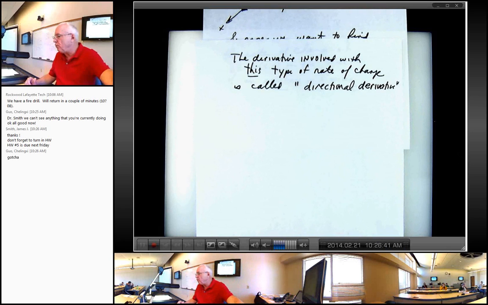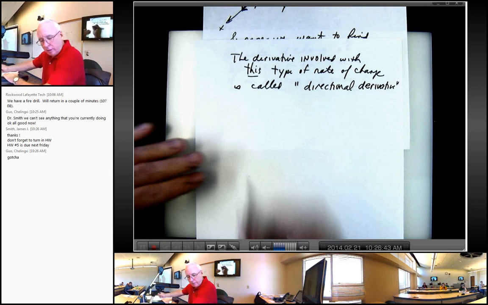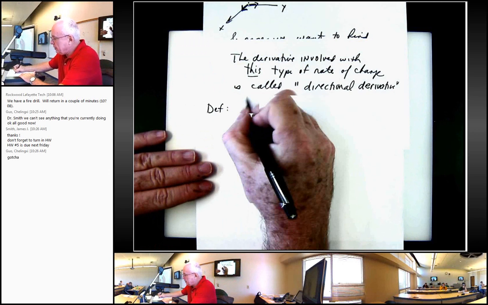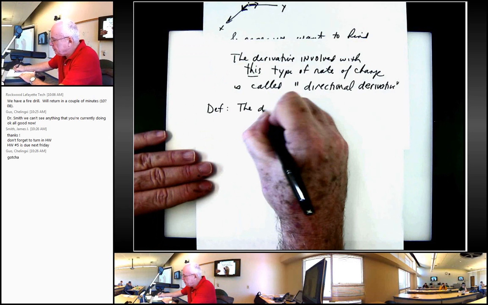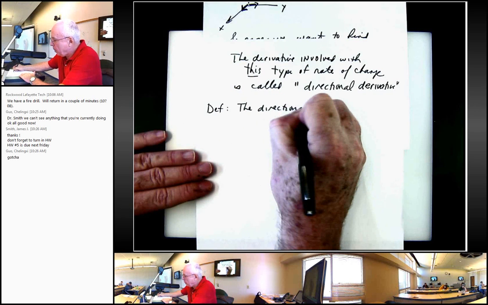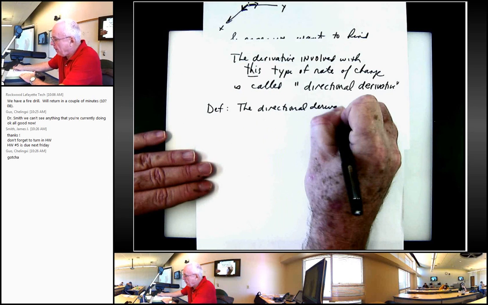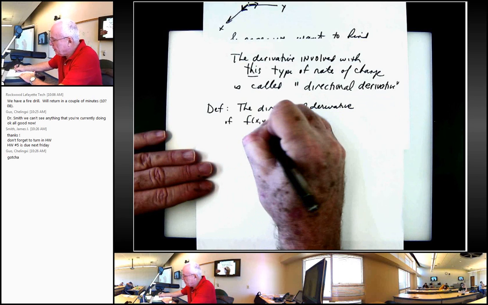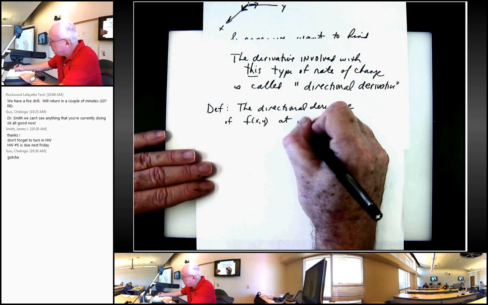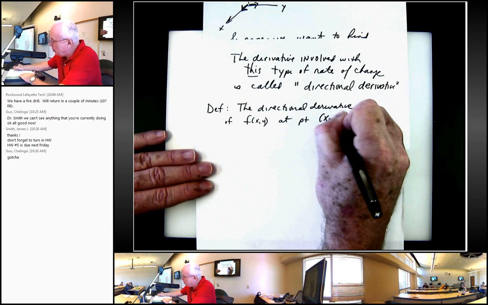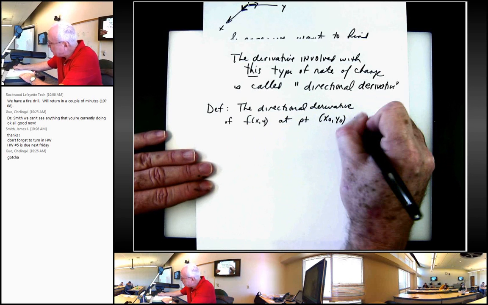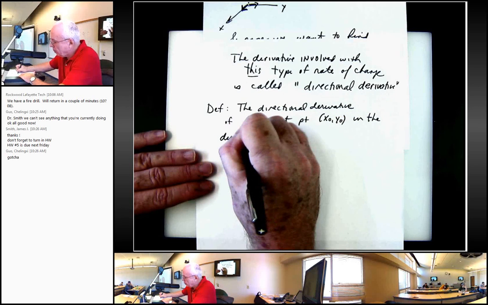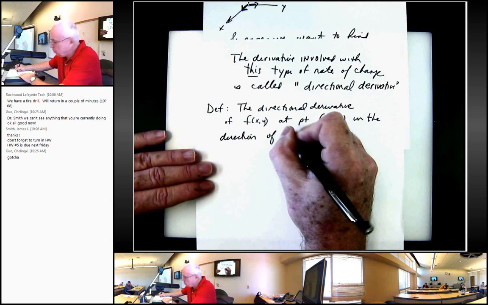All right. So let's get the formal definition here that they give in the book of this directional derivative. The directional derivative of f(x,y) at the point (x naught, y naught), we always have to talk about what direction, in the direction of a unit vector.